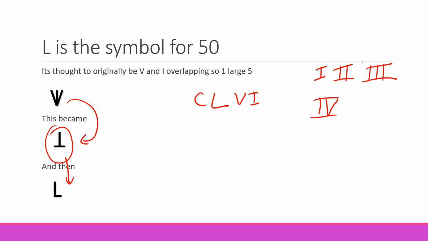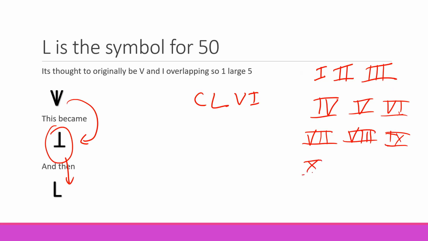The thing is that they show up a lot in everyday life, even though we've obviously moved to the decimal system many, many years ago. They still show up in movie posters, in fancy clocks. I saw this picture the other day of a woman who had a fancy clock with Roman numerals for the numbers on it.